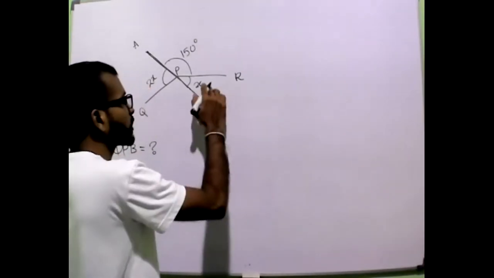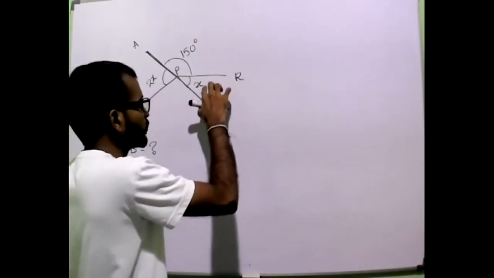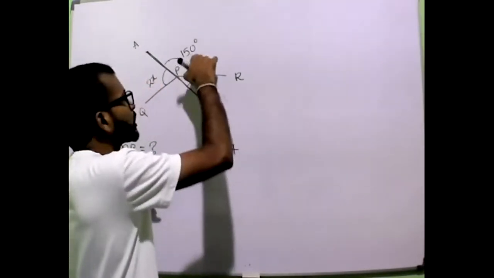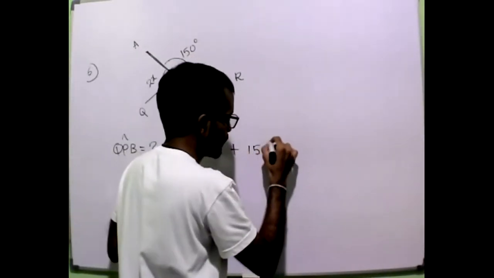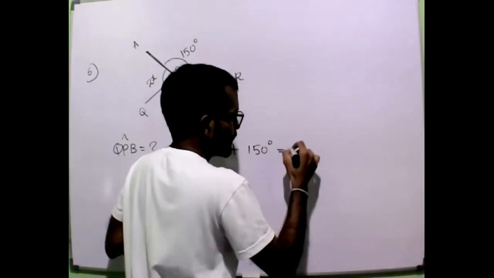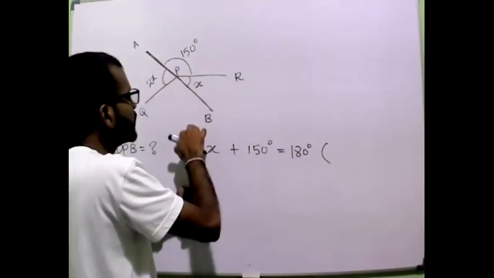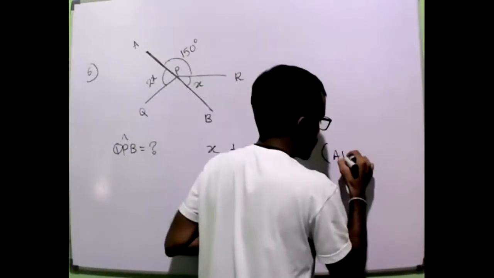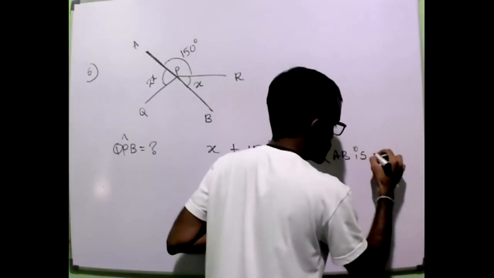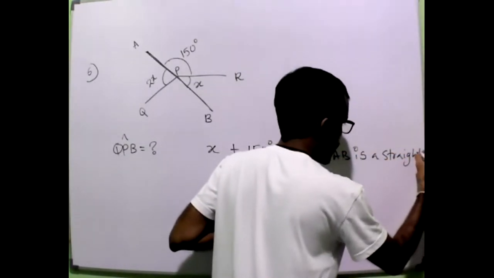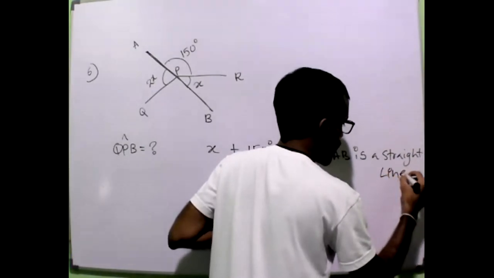So first of all, write down what you have to find. You have to find this x. What you have to find is x plus 150 equals 180. Why? AB is a straight line.